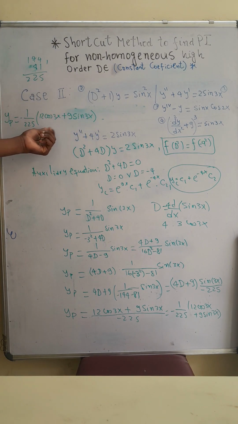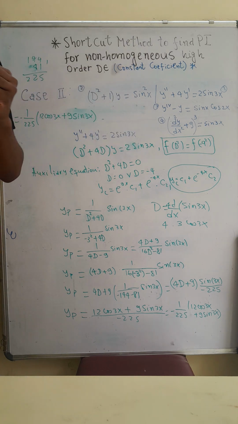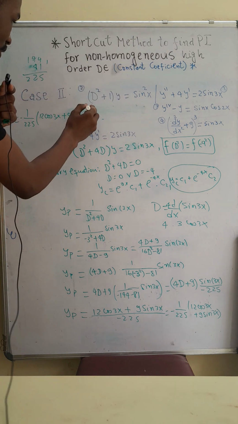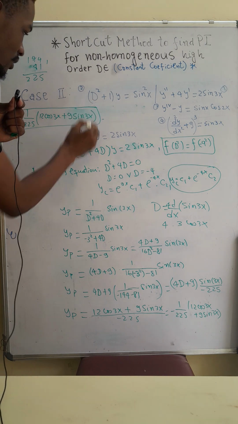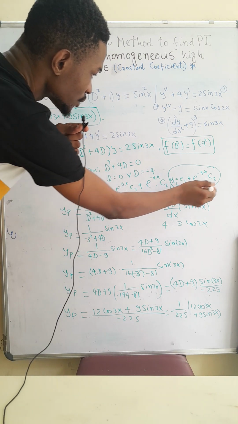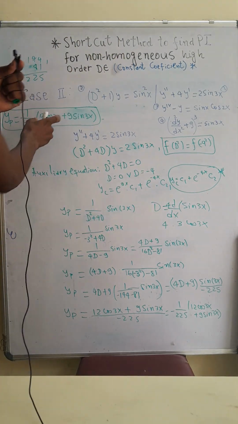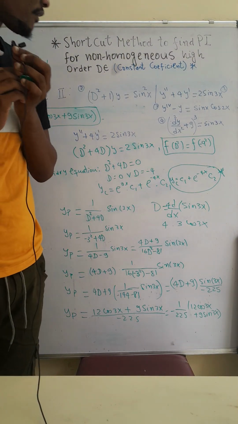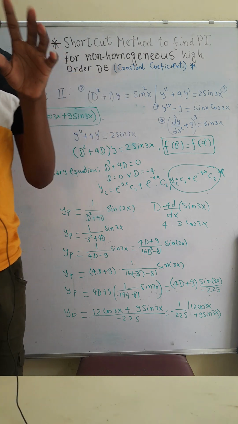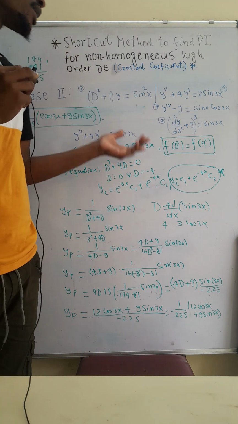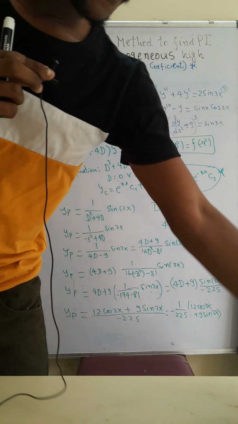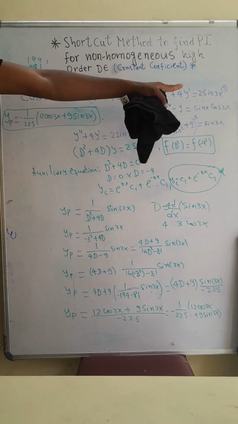Now if you join your yp and your yc, this will be the solution of this equation. The general solution will be this plus this one. If you just join this expression and this expression, you are going to have your expression at all. Nice, and you're done. Now let us jump to the second exercise.